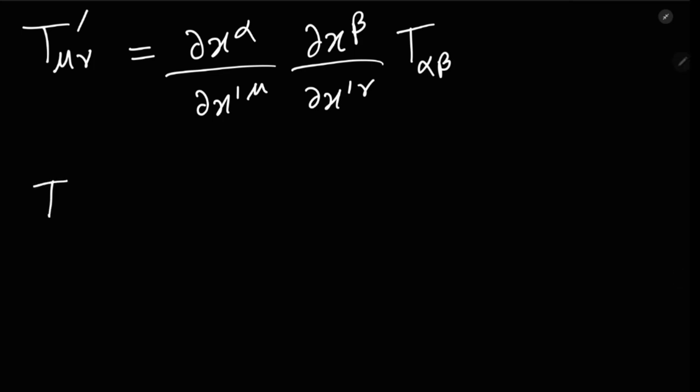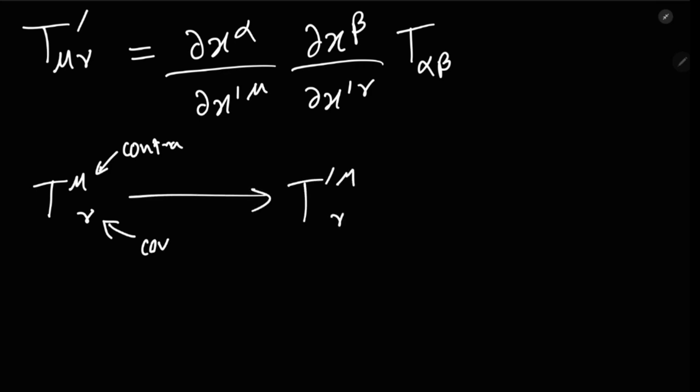Now let's take a mixed tensor. We have one upper mu and lower nu, T mu nu. Now this should transform covariantly with respect to nu and contravariantly with respect to the upper index mu. So how will this transformation look like? So T goes to T prime mu nu, and this should go contravariantly with mu, so I'll write this first, and covariantly with nu, the lower index.